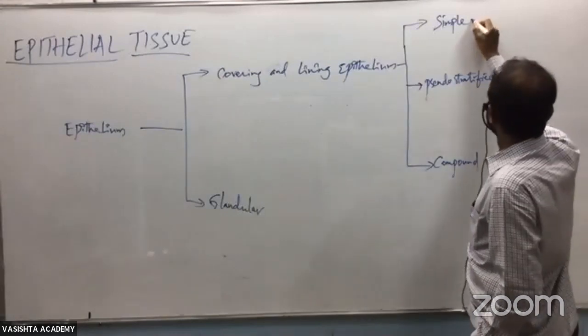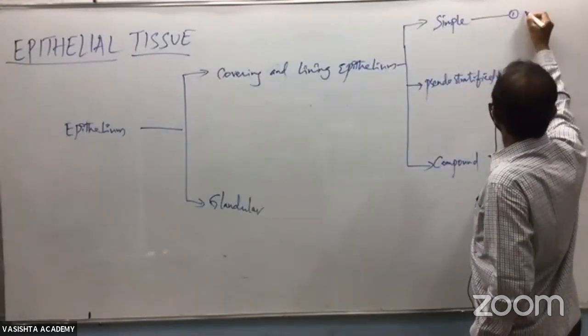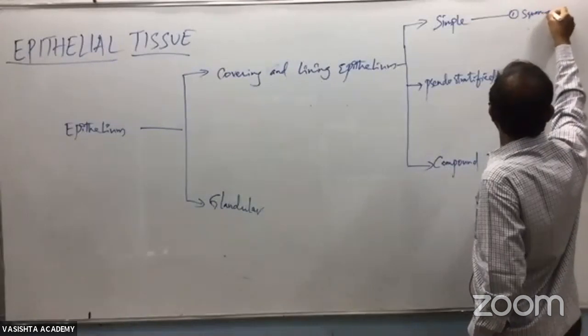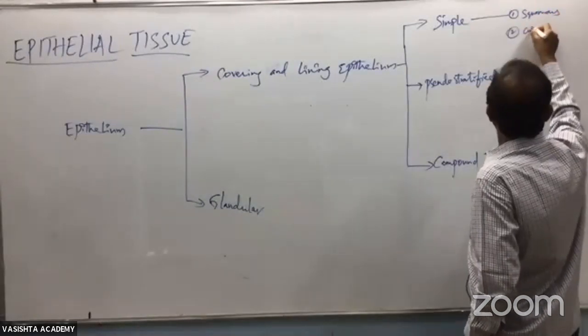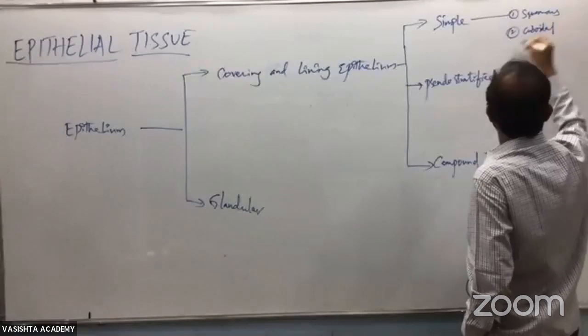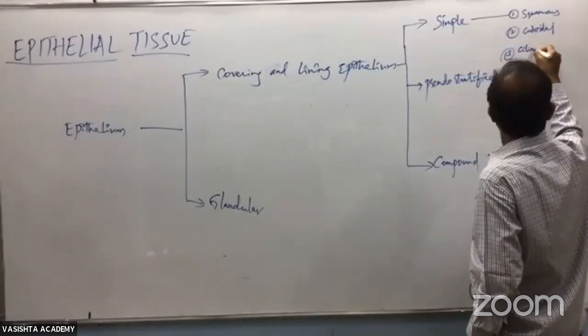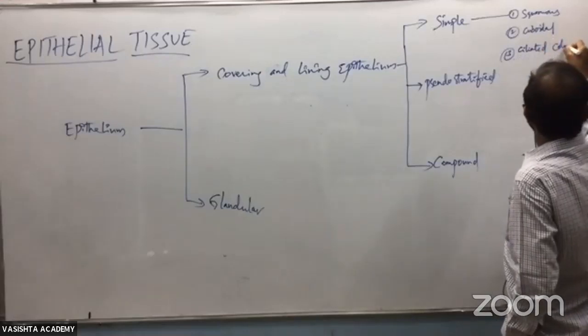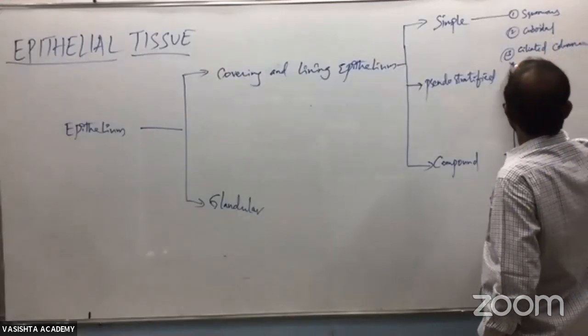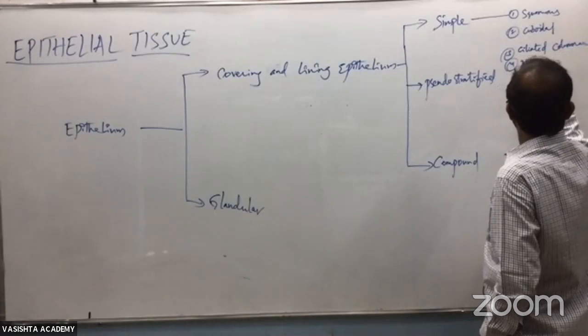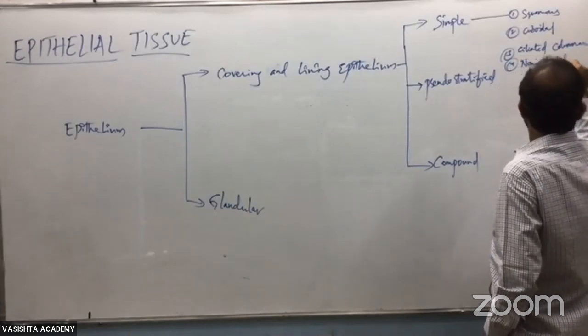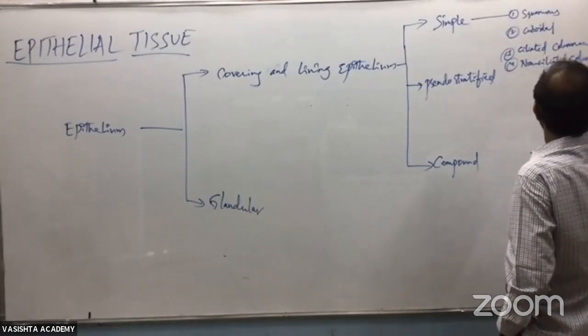In this simple, number one is squamous, cuboidal, ciliated columnar, non-ciliated columnar.